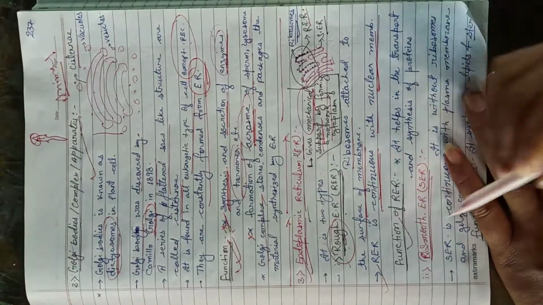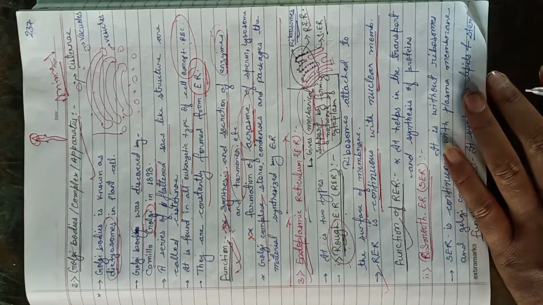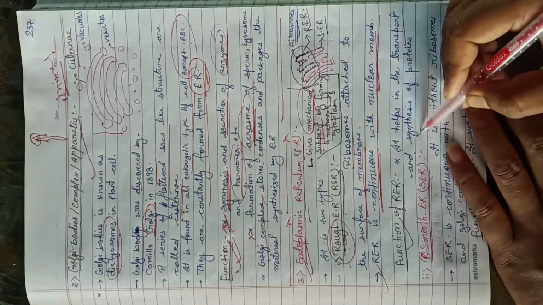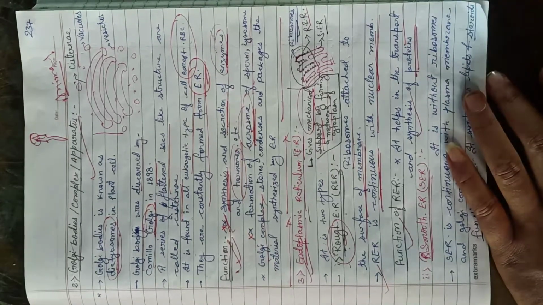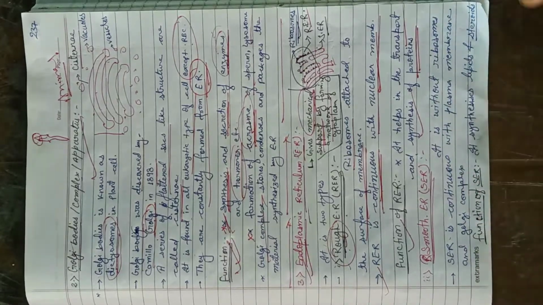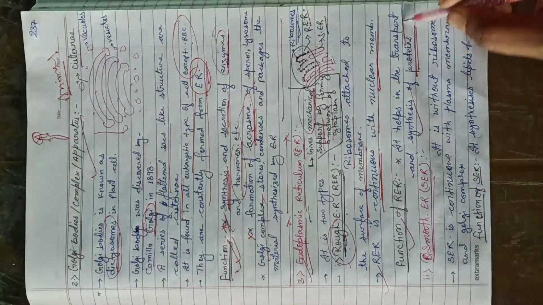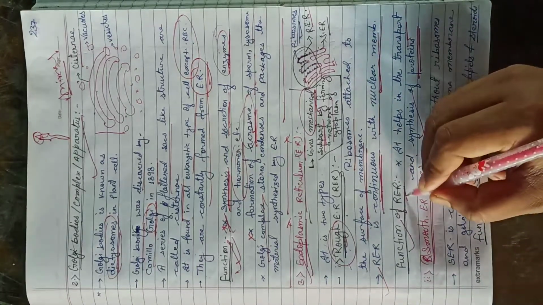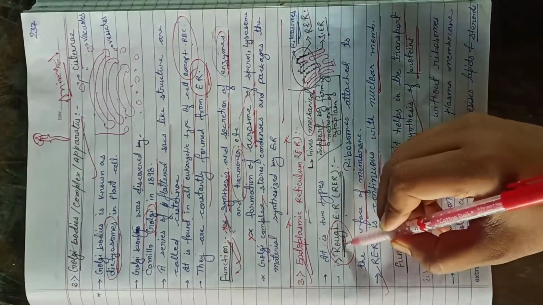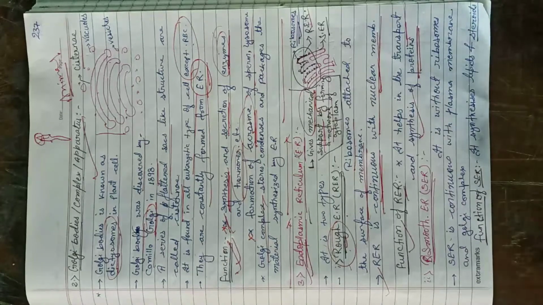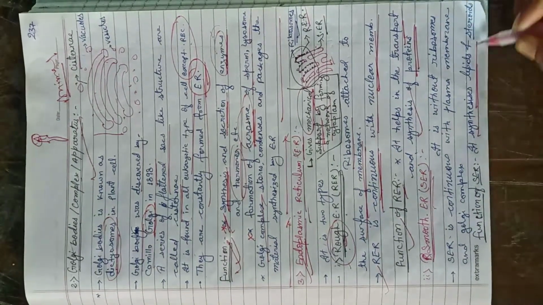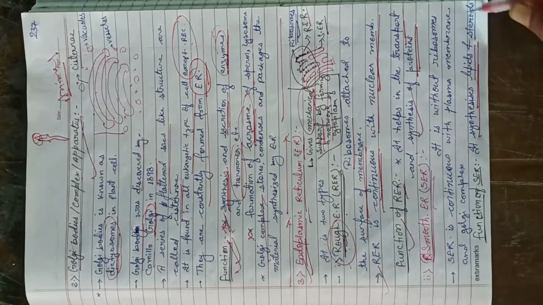Now, the function of rough endoplasmic reticulum: it helps in transport, protein synthesis and transportation of protein, which is helped only by the rough endoplasmic reticulum. Whereas smooth endoplasmic reticulum synthesizes lipids and steroids.